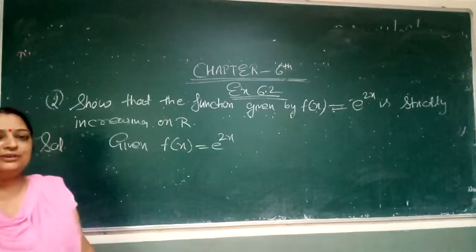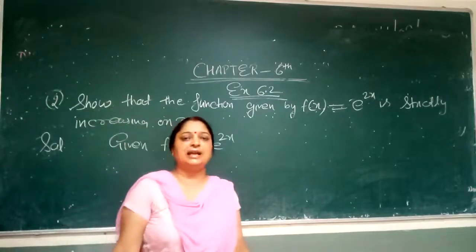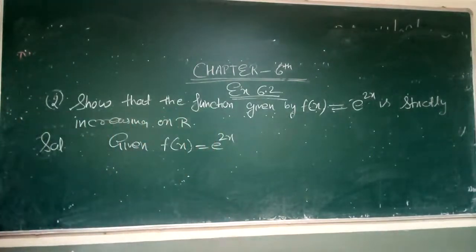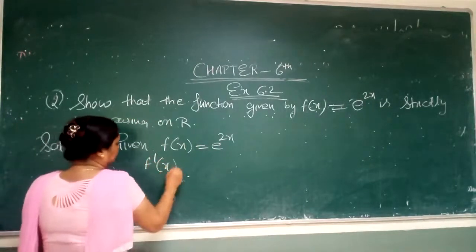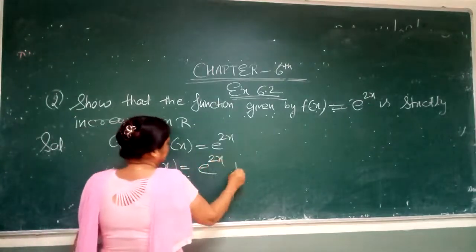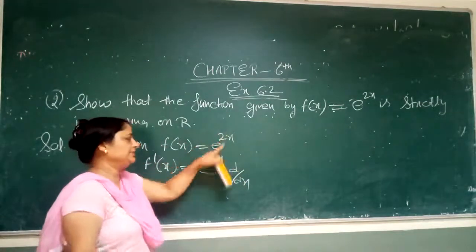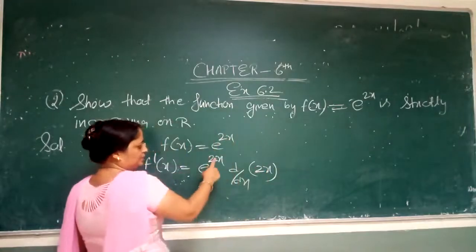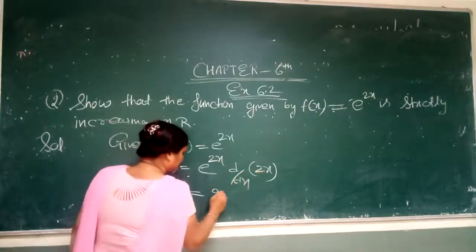For a strictly increasing function, as you know, we have to show that f'(x) is greater than 0. So for f'(x) we have to find the derivative of this term. The derivative of e raised to power 2x is e raised to power 2x into the derivative of 2x, which is 2.